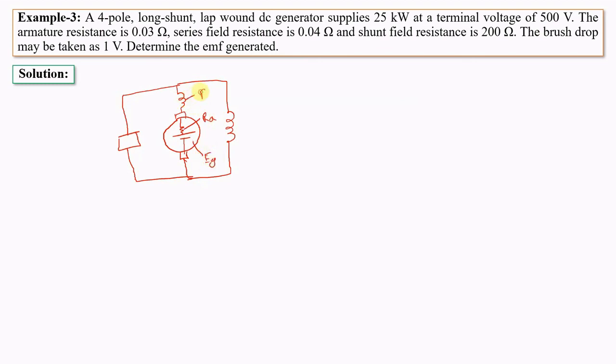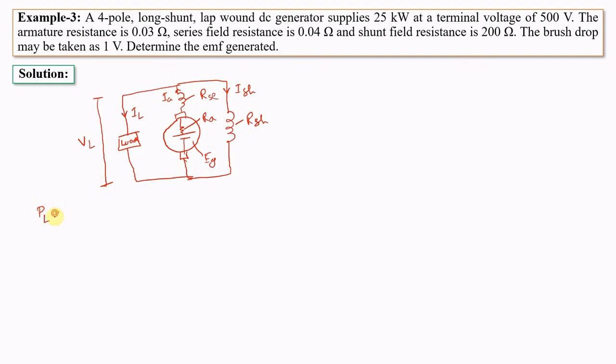It is the series field winding resistance. This is the shunt field winding resistance. It is the load. So voltage across the load is VL. Current here is IL. It is the armature current as well as the series field current, and this is the shunt field current, ISH. So let's see the solution.